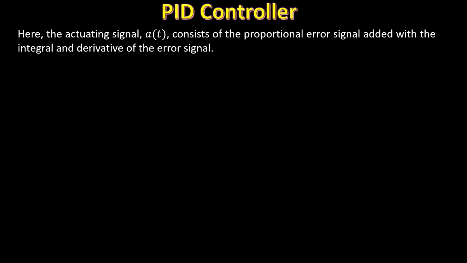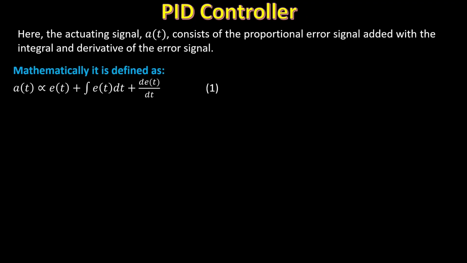So finally, we are here to study the PID controller, and as the name suggests, the actuating signal A(t) is proportional to the error signal as well as the integral of the error signal and the derivative of the error signal. So it is the combination of all the effects of proportional, integral and derivative.